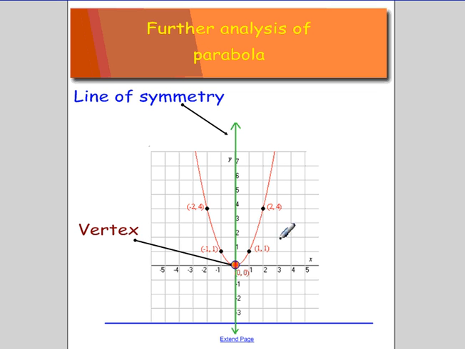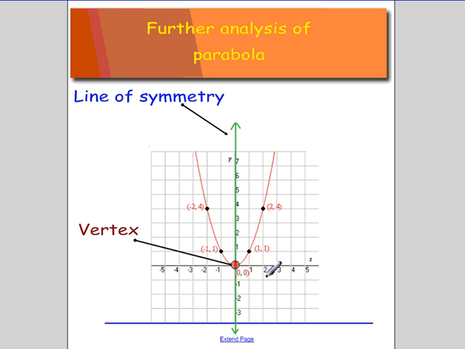Now another thing that you will notice with a parabola is that it changes direction at a particular point. This particular point is known as the vertex, as you see here. The vertex is very important because if we know that, we can do a lot with graphing a parabola.